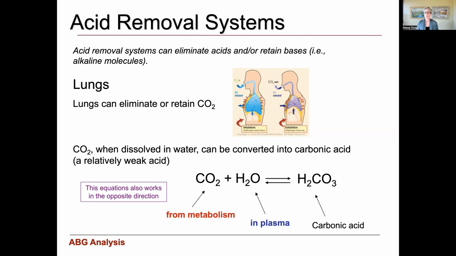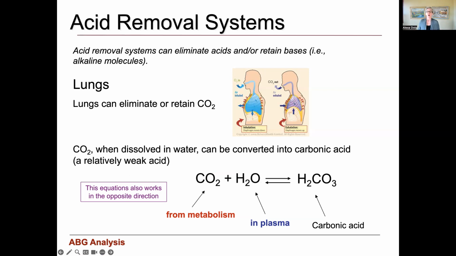And this equation down below, very simple chemistry, just reminds us of why. How does CO2 affect acid-base balance? Well, CO2 is a neutral gas, so CO2 dissolved in the blood does not affect acid-base.